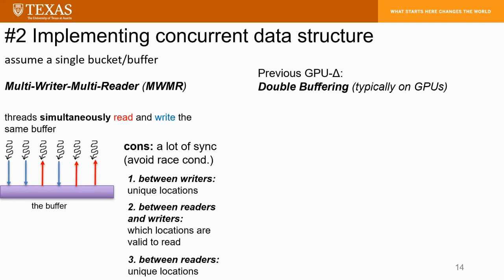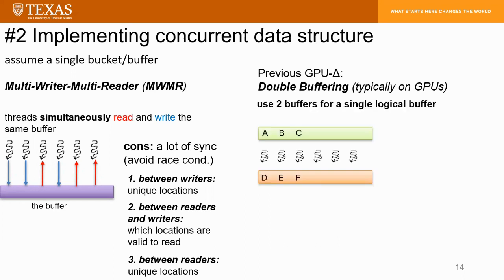Because of this, previous GPU data stepping used double buffering instead. This is also how concurrent data structures are typically implemented on GPU. The basic idea is that we use 2 buffers to implement a single logical buffer, so that threads only read from one buffer and only write to the other.